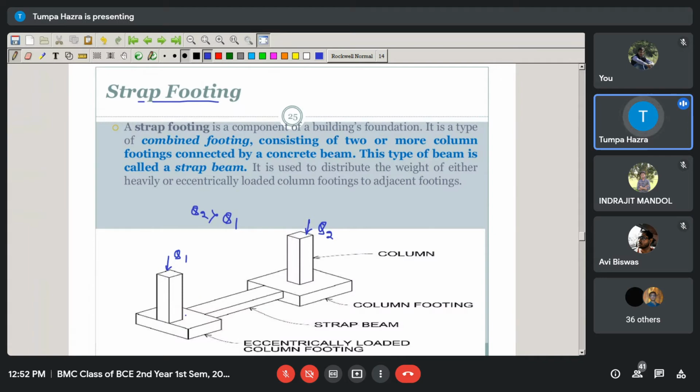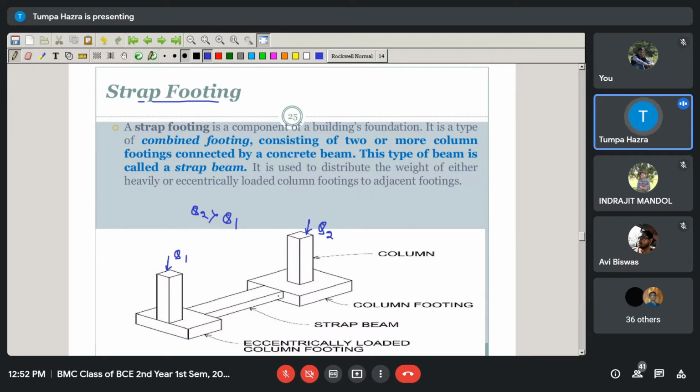Here one column is eccentrically loaded, so you cannot construct the isolated footing uniformly.